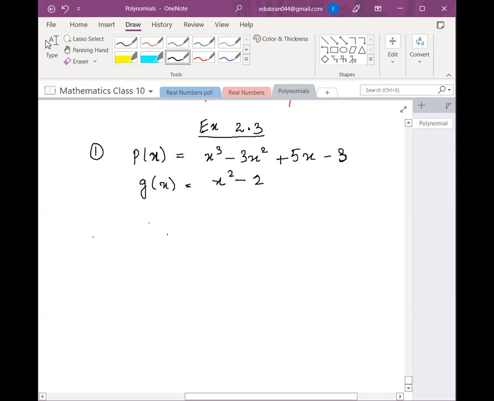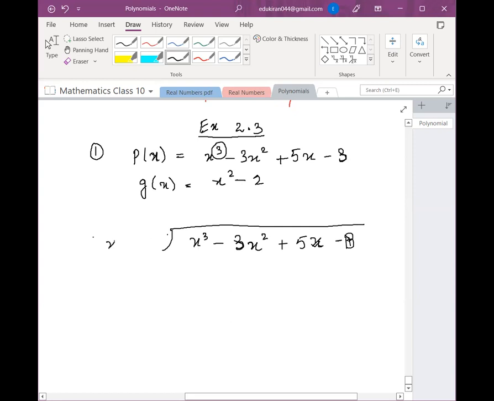Let's divide. The first step is to see whether all the powers of x are in descending order. It is right: x cube, then x square, x, like this. So write it here: x cube minus 3x square plus 5x minus 3.